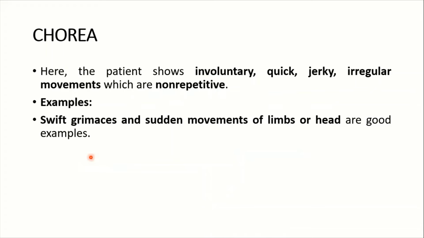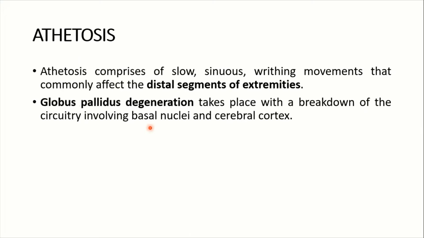First of all, I take up the chorea. Here the patient shows involuntary, quick, jerky, irregular movements which are non-repetitive. Examples are swift grimaces and sudden movements of limbs or head. Next is the athetosis.